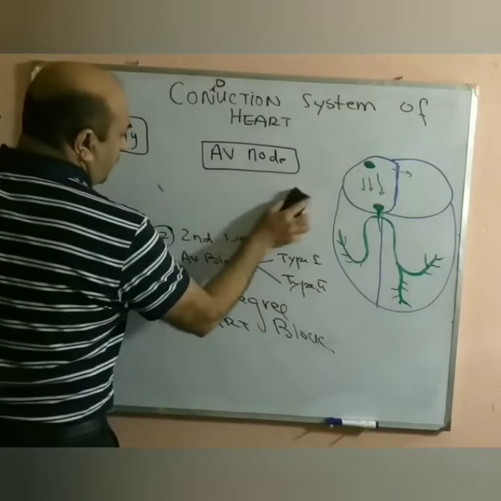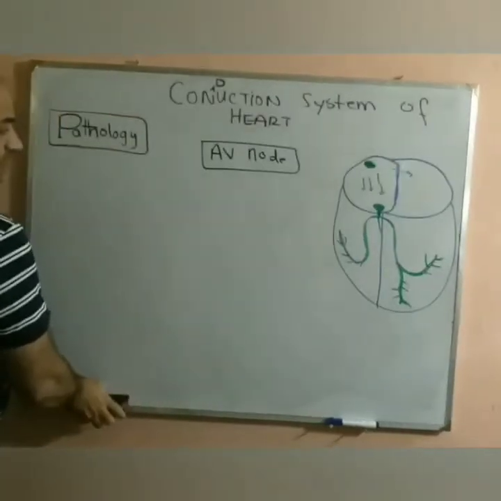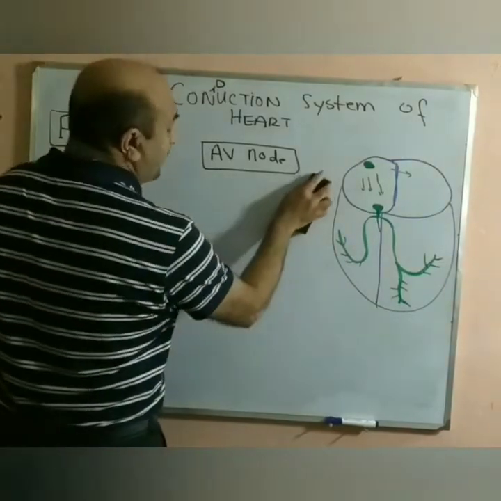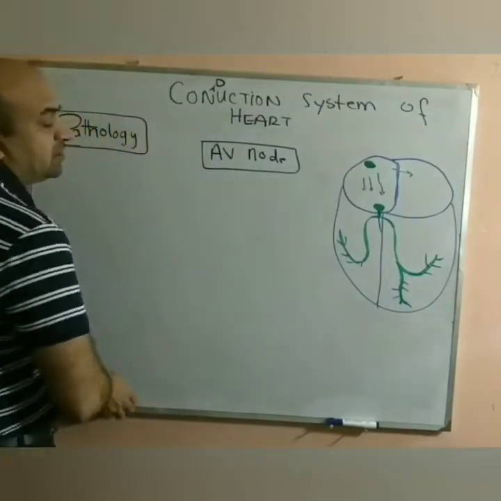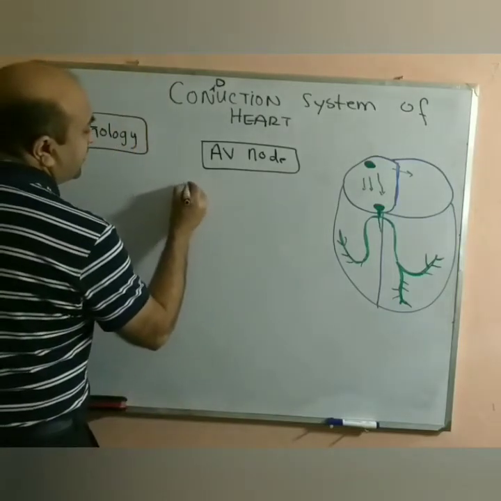Now there are some problems which may be associated with the AV node, though they may have an origin somewhere else down, like in the ventricle. This is what we call AV nodal reentrant tachycardia.